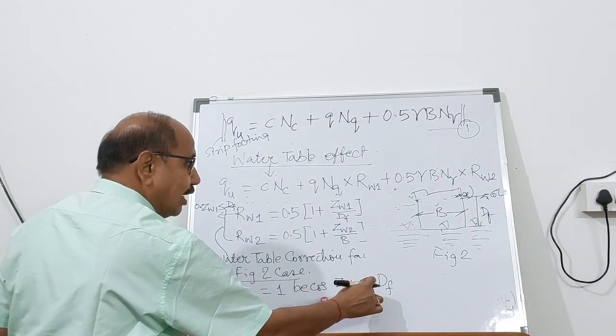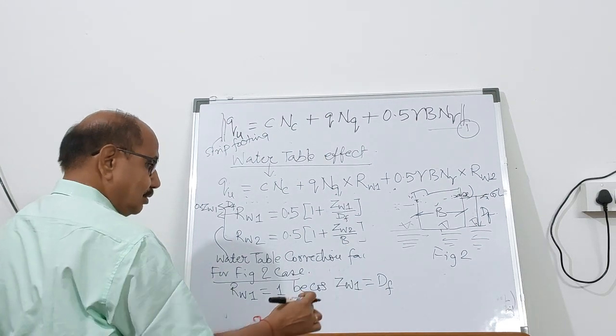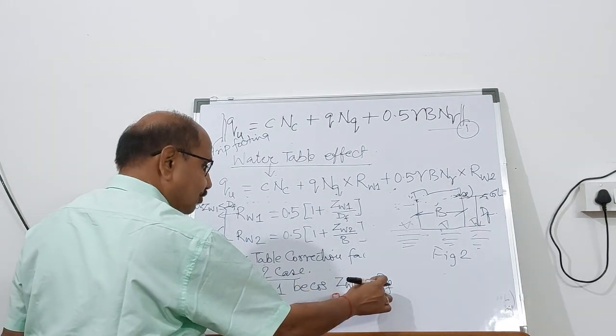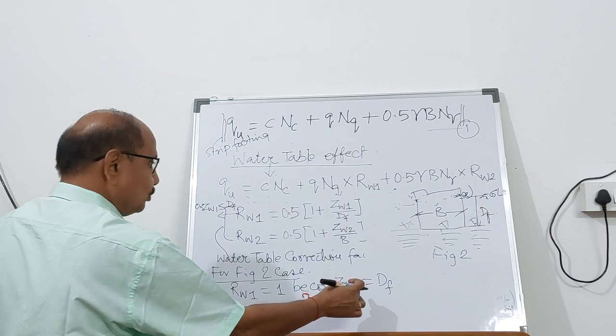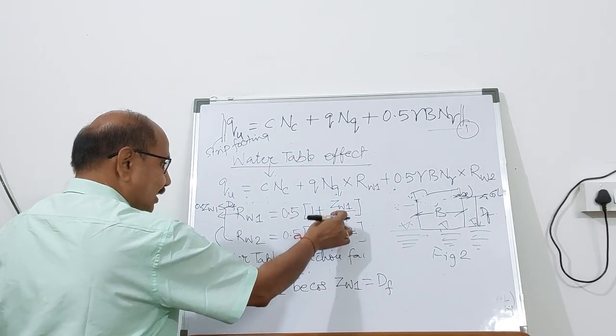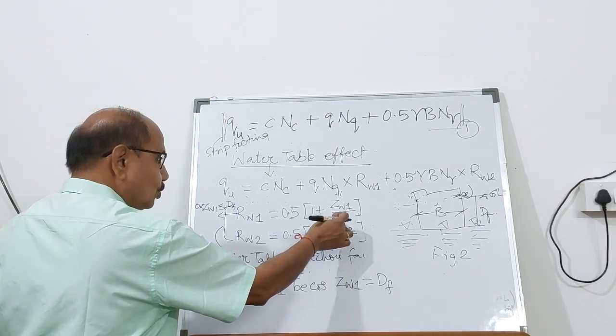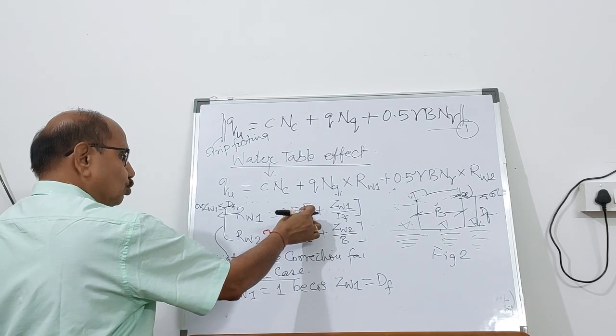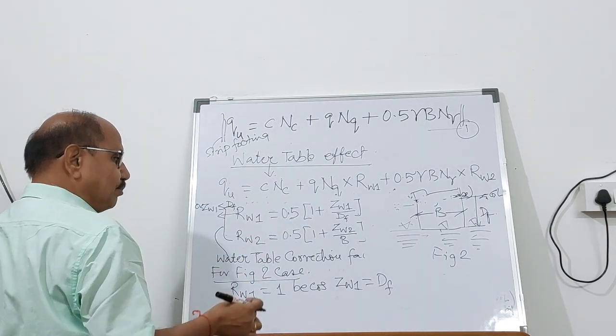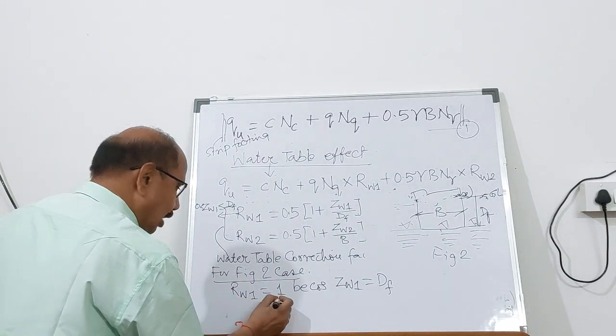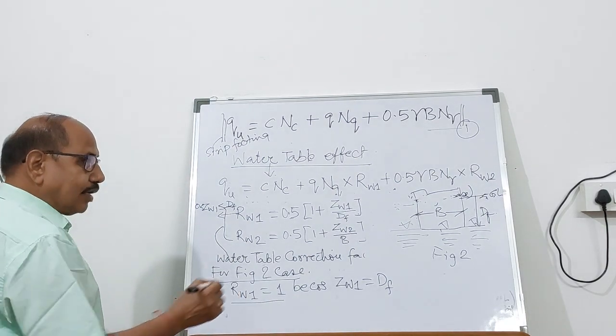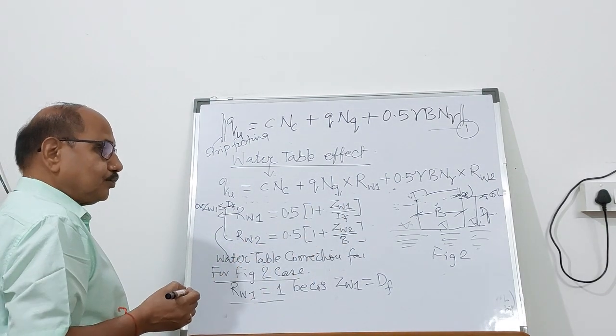So if you substitute DF by DF, you get 1 plus 1 equals 2, and multiplying by 0.5 it becomes 1. So RW1 equals 1 for case 2.